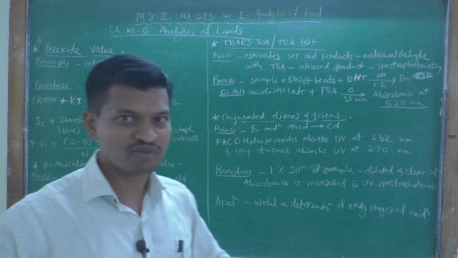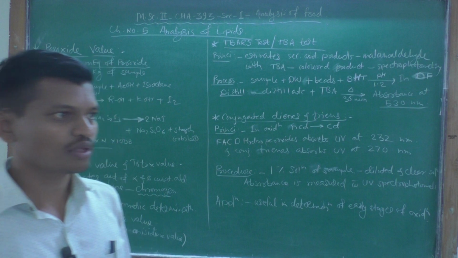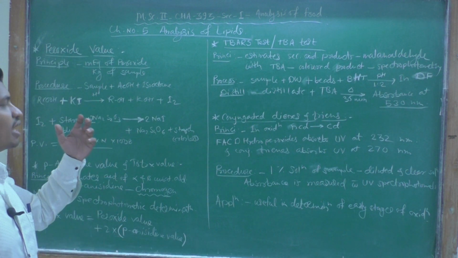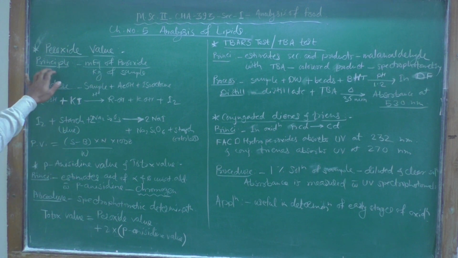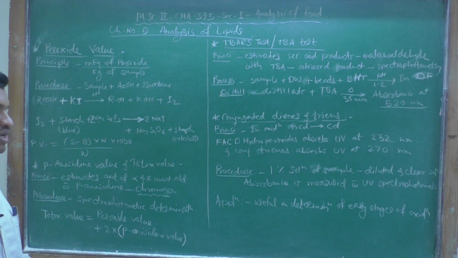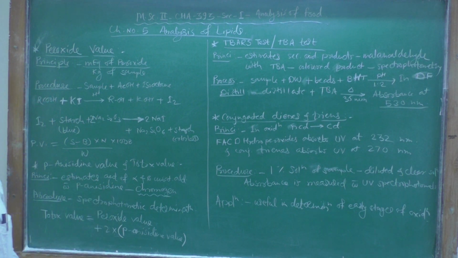What is meant by peroxide value? How to determine peroxide value for the lipid sample, for the fat sample. The principle of this method: first of all we'll see what the peroxide value is.